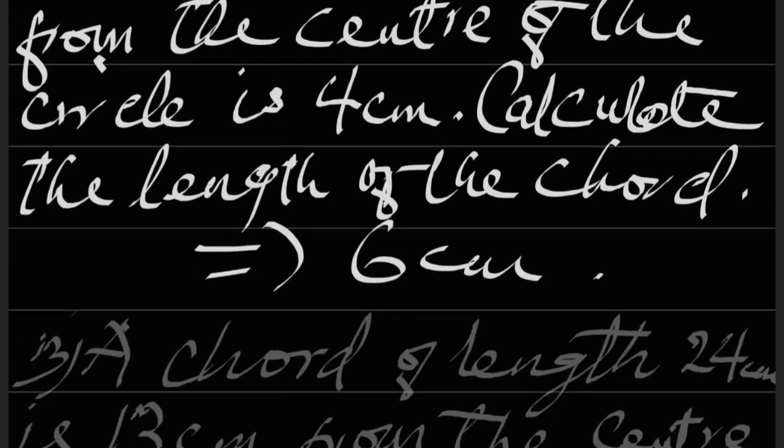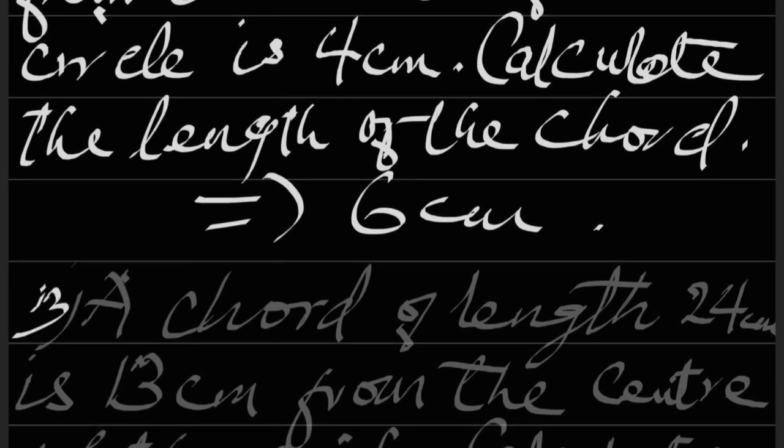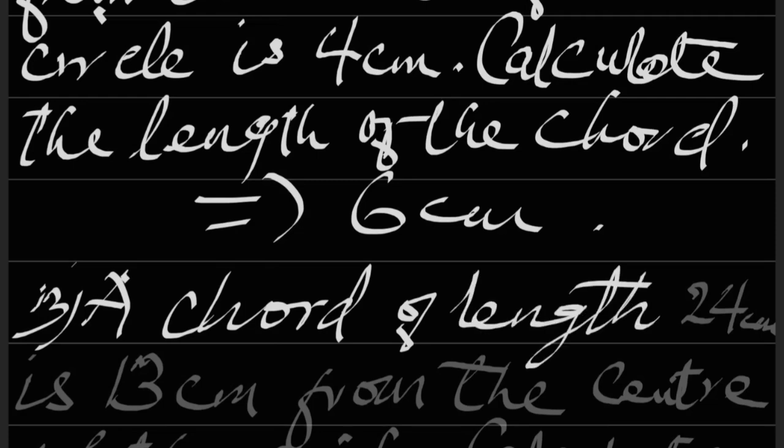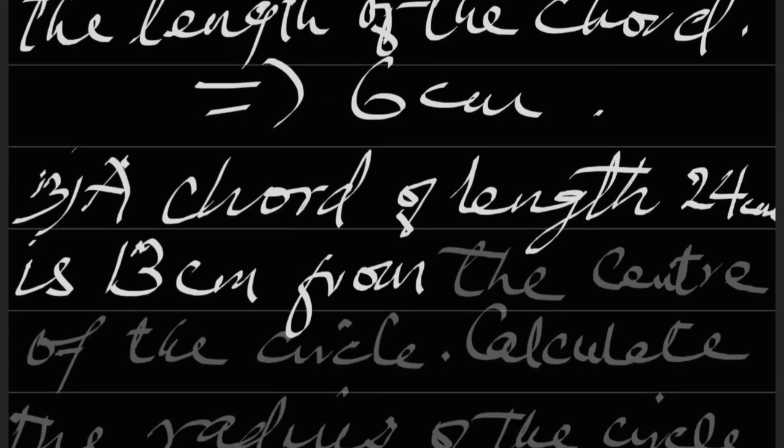The last question. Question number 3. A chord of length 24 centimeters is 13 centimeters from the center of the circle.